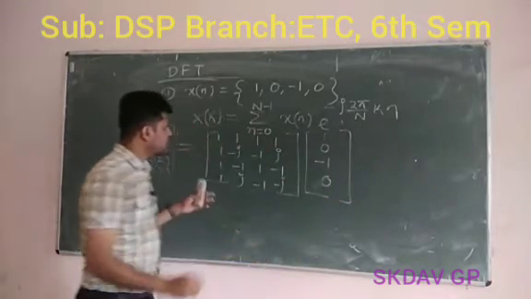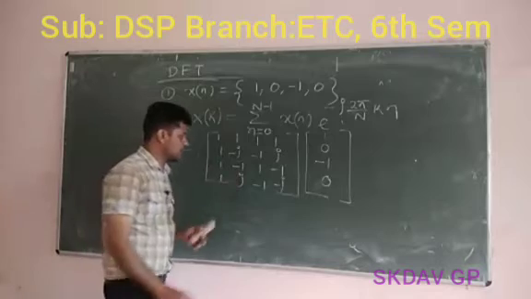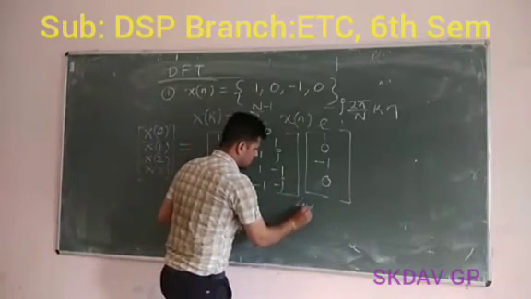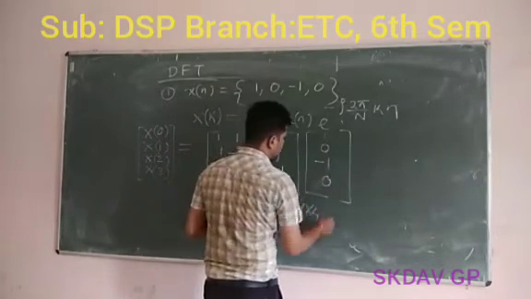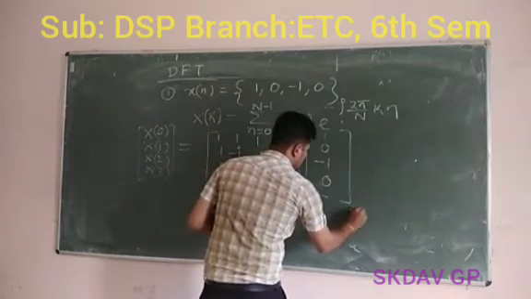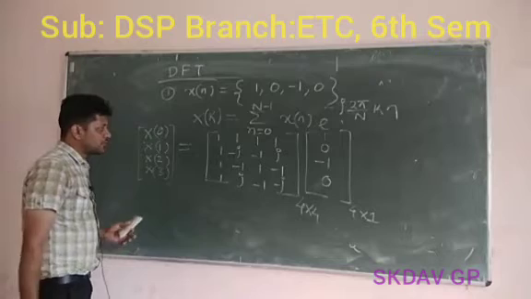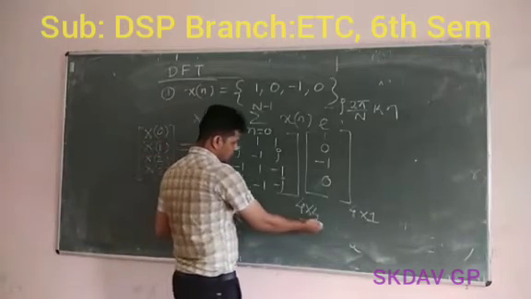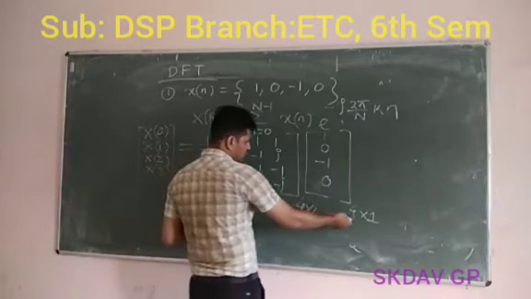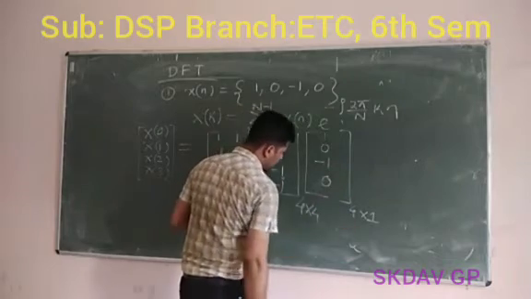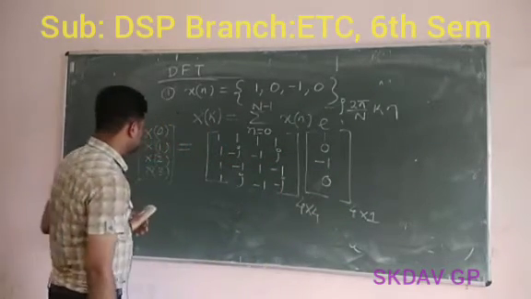Here this matrix size is 4 cross 4 and this matrix size is 4 cross 1. Hence the multiplication is possible because the number of columns in the first matrix and the number of rows in the second matrix are equal.